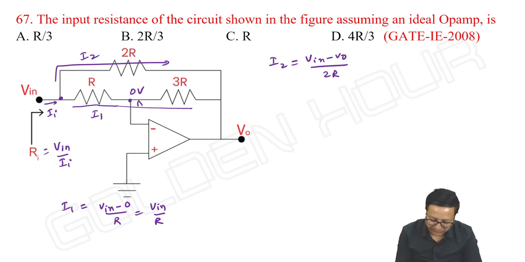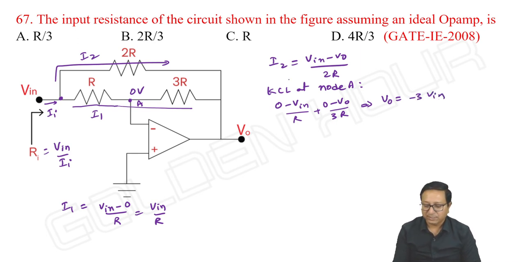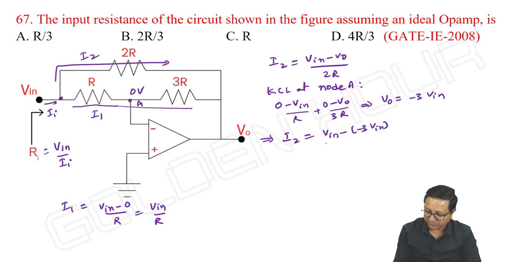Okay, you take this node equation, node A, KCL at node A. Then 0 minus V input by R plus 0 minus V output by 3R, implies V output is equal to minus 3 times V input. Which implies I2 is equal to V in minus V output, meaning minus 3 times V input by 2R, that is 2 times V input by R.